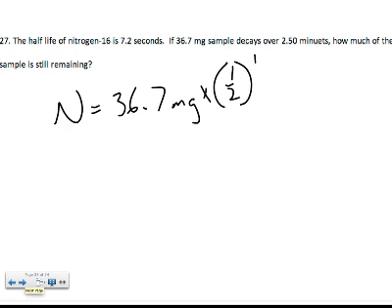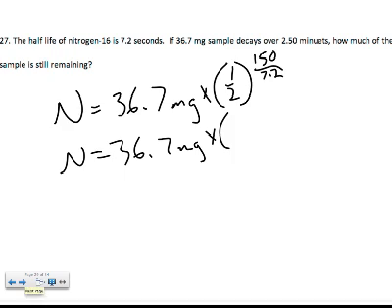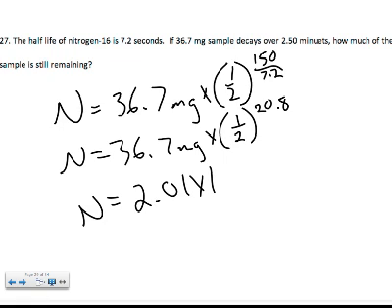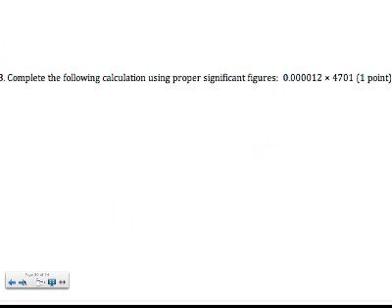If we convert that to seconds, it's 150 seconds divided by 7.2 seconds, which is the half-life. So 36.7 milligrams times 1/2 to the power of 20.8, which means you're going to end up with 2.01 times 10 to the -5 milligrams.